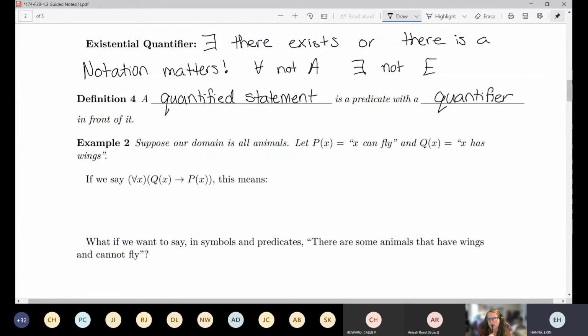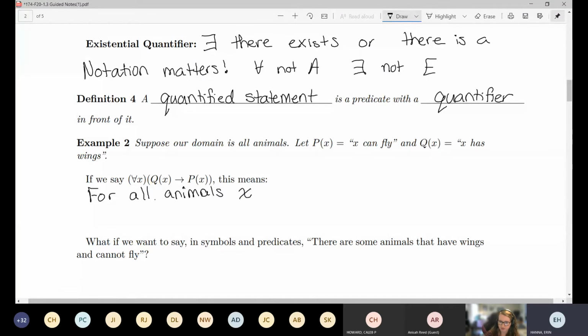Say I take this quantified statement. I would read this as for all X, Q of X implies P of X, or if Q of X, then P of X, if you prefer. In terms of this specific context, we would say for all animals X, and you always want to bring in the domain context.